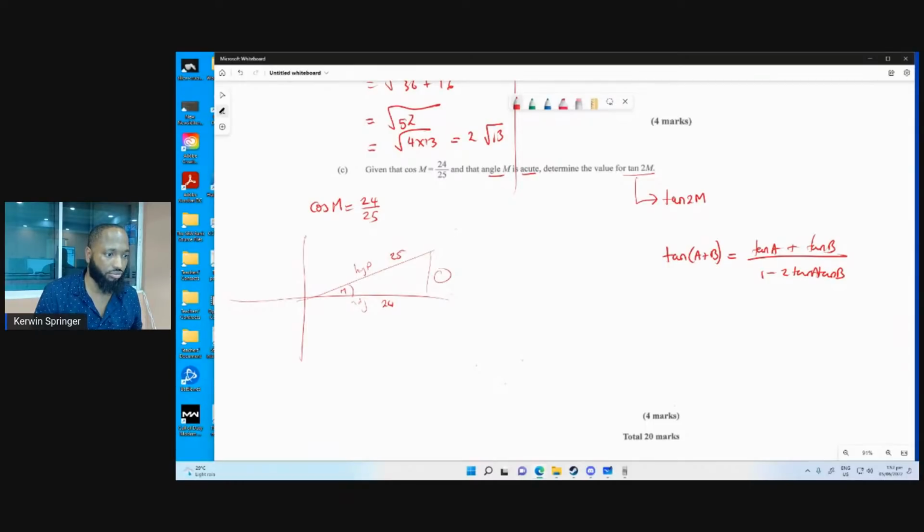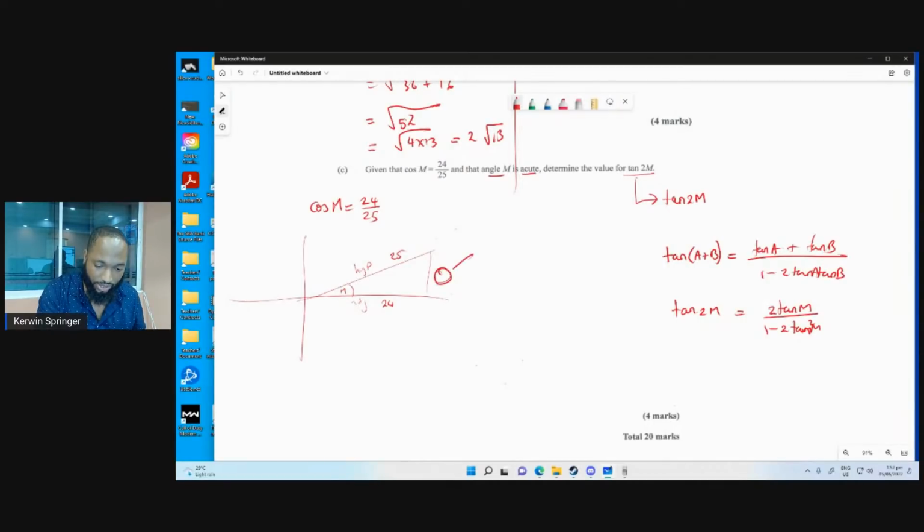That's correct, right? Yeah. So therefore the tan of 2m will be 2 times the tan of m over 1 minus tan squared m. All right, but we still need to find what tan of m is.